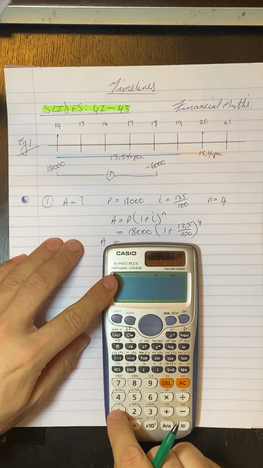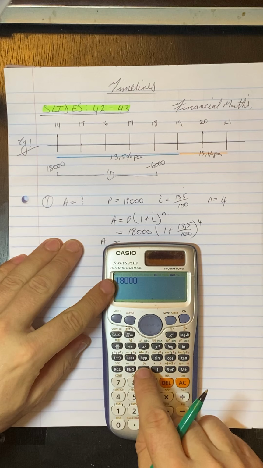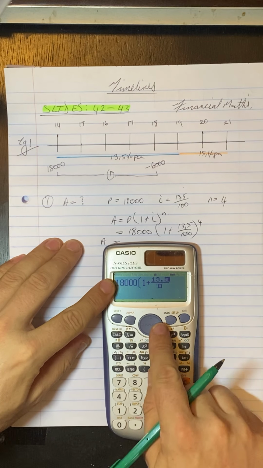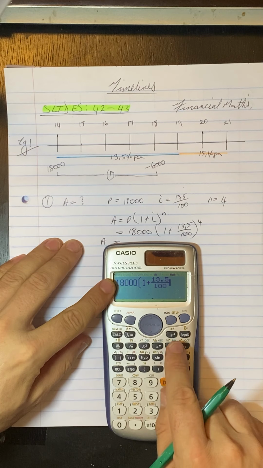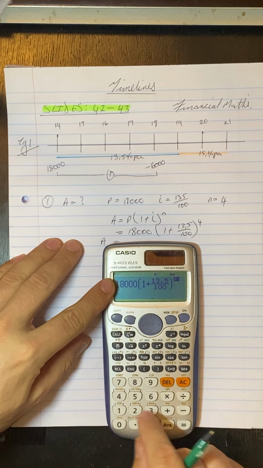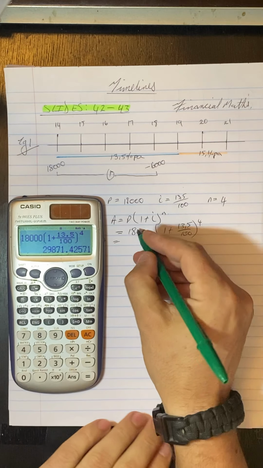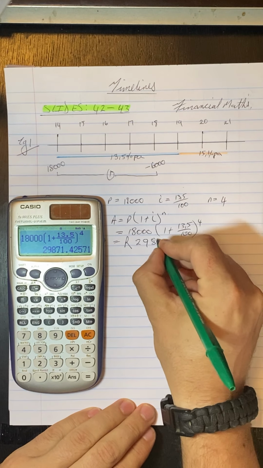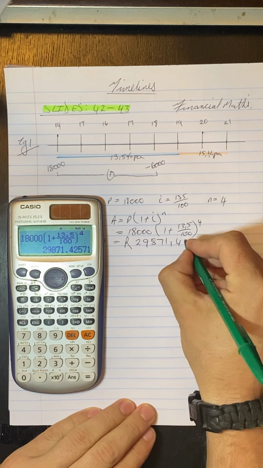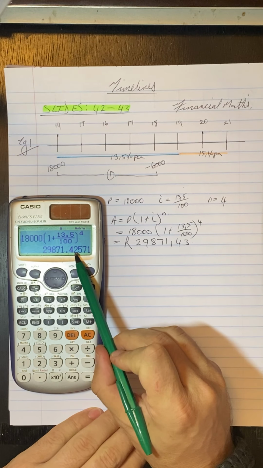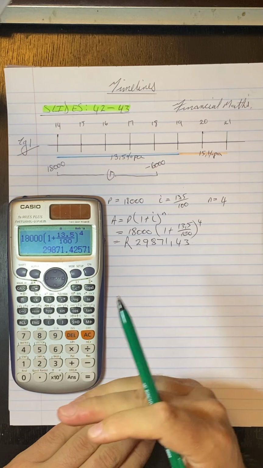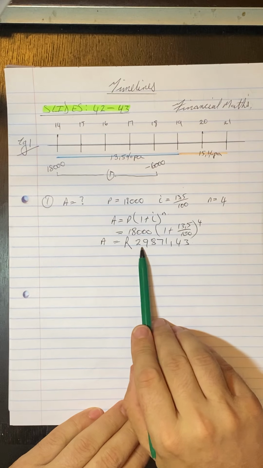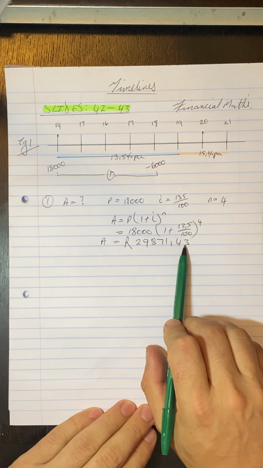We've got 18,000 times 1 plus 13.5 over 100 to the power of 4. That gives 29,871 and 43 cents. Remember to round off to 2 decimal places, grade 10s, because this is money that we're dealing with. So at that point, we've got 29,871 Rand and 43 cents.